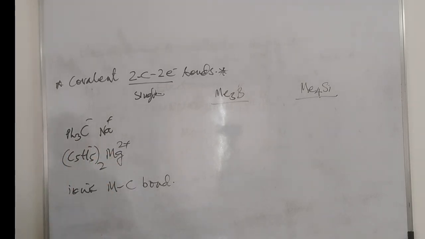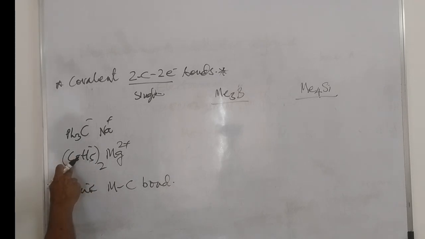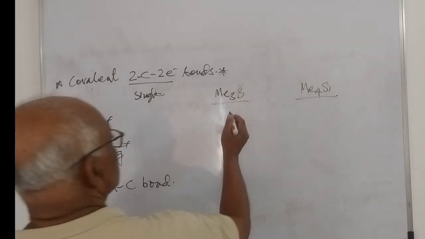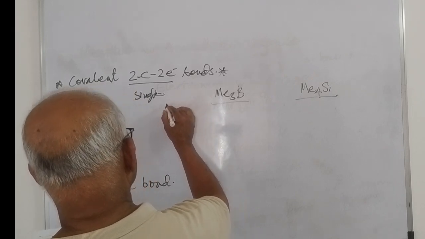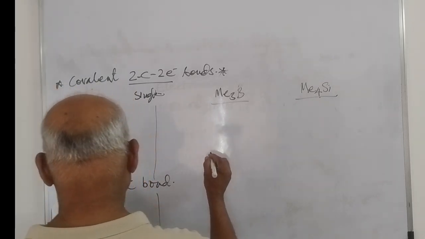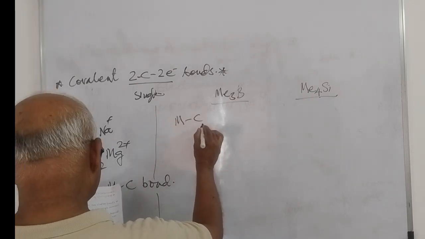Here Na+ and Mg2+ are strongly electropositive compared to carbon. So these carbons are showing electron rich centers. Predominantly, the covalent bonds are observed in these two cases. So predominantly the metal carbon bond is covalent.